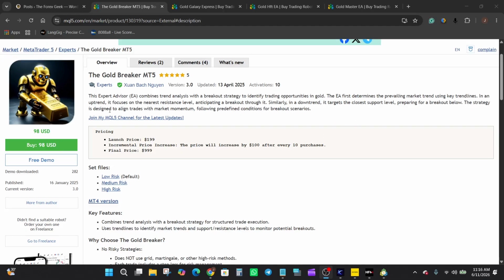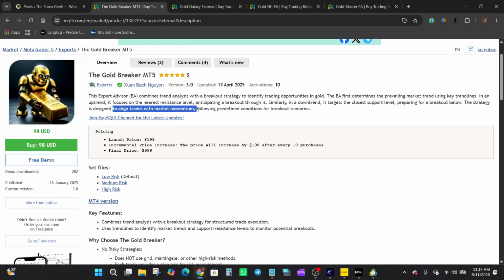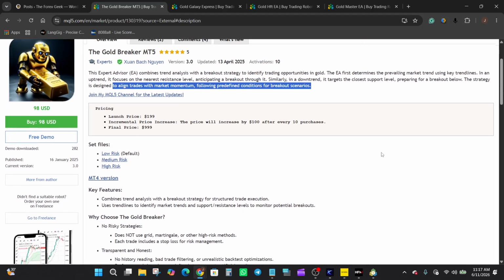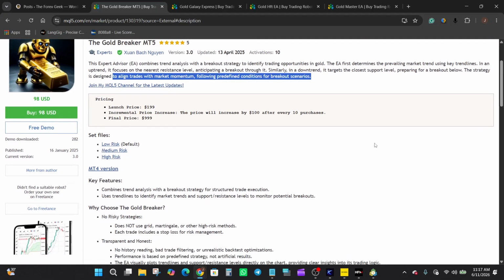So the strategy is designed to align trades with market momentum following predefined conditions for breakout scenarios. Scrolling through the description, the core idea of this EA is pretty straightforward. It combines trend analysis with a breakout approach.